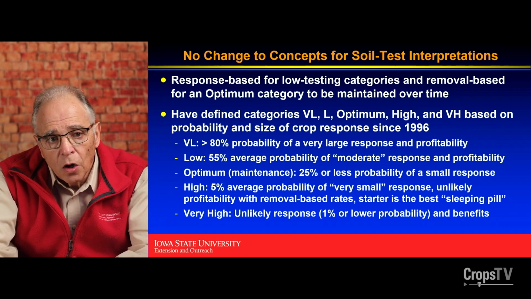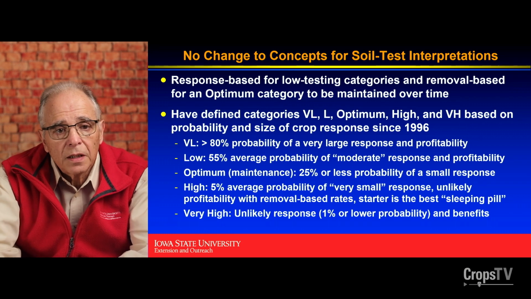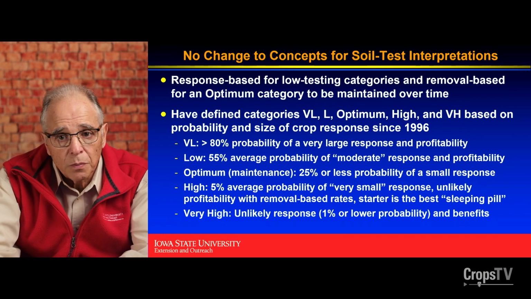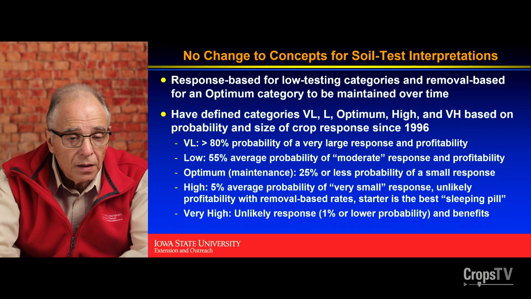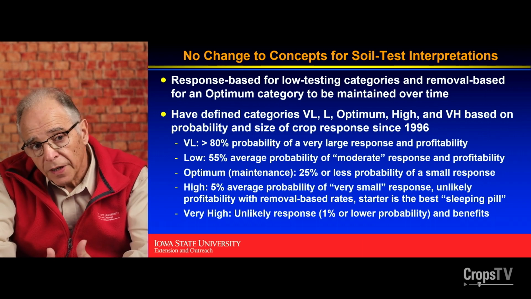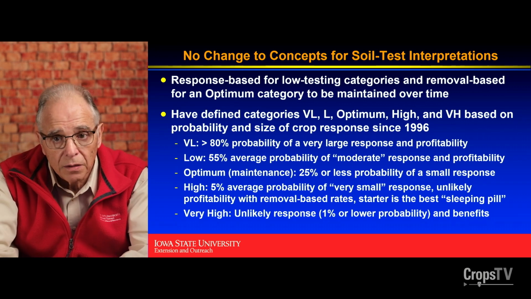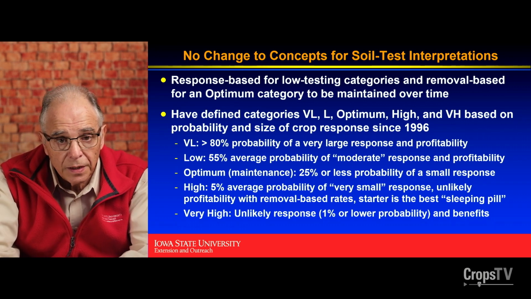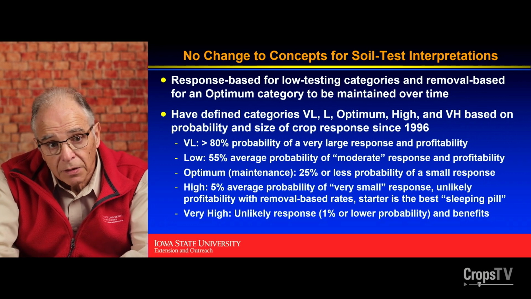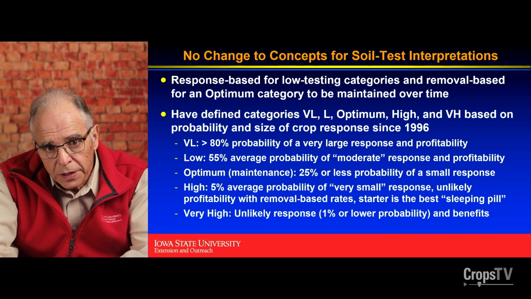So very low, we have defined as about 80% probability of a very large response and profitability, or higher. The low category, we define at about 55% average probability of a moderate response and profitability. The optimum, as I said several times, is what we recommend to maintain over time.